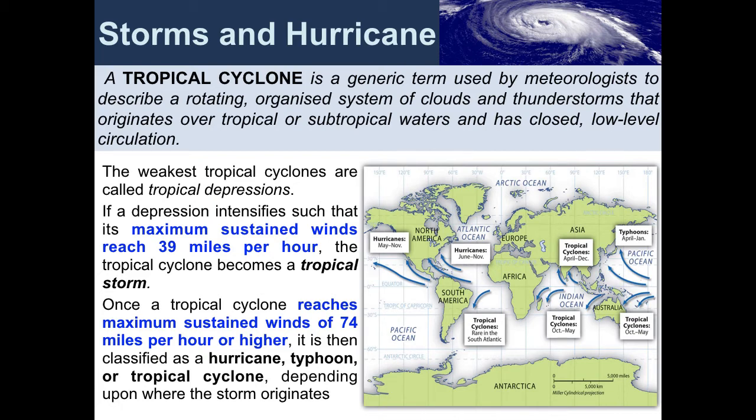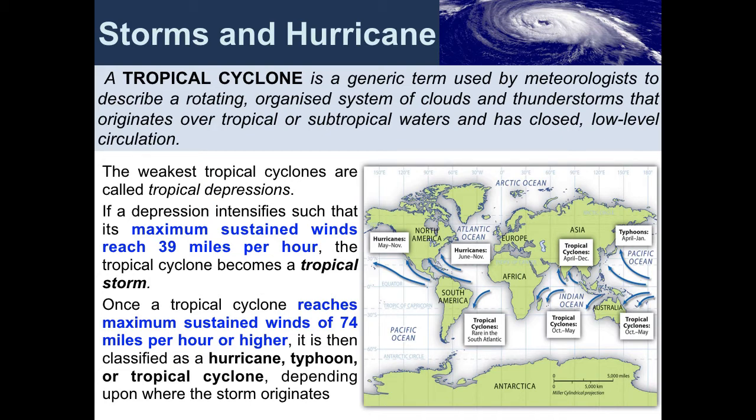So here is a system of clouds and thunderstorms over mostly tropical, subtropical water, with a very low level circulation, low height circulation. And when the wind speed reaches around 39 miles per hour, in that case it is called tropical storm. Tropical depression is a generic category.